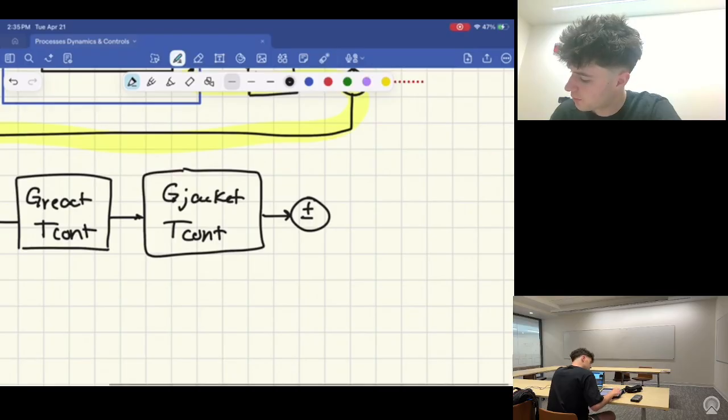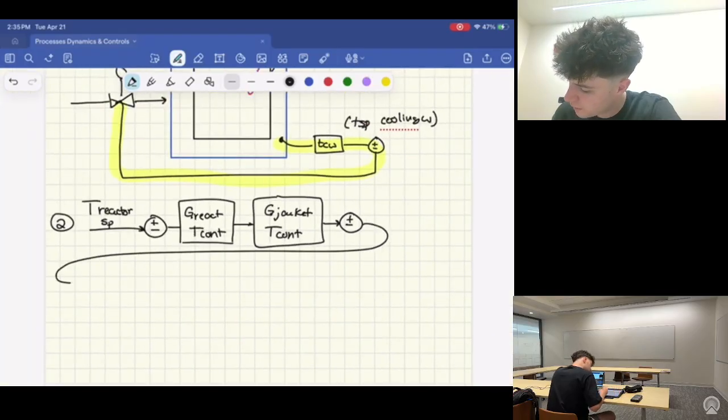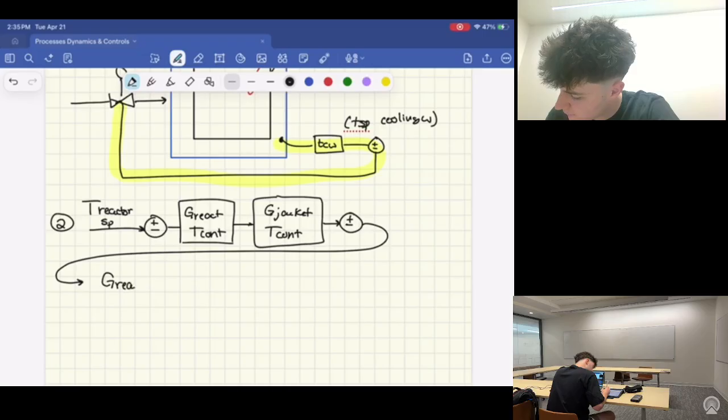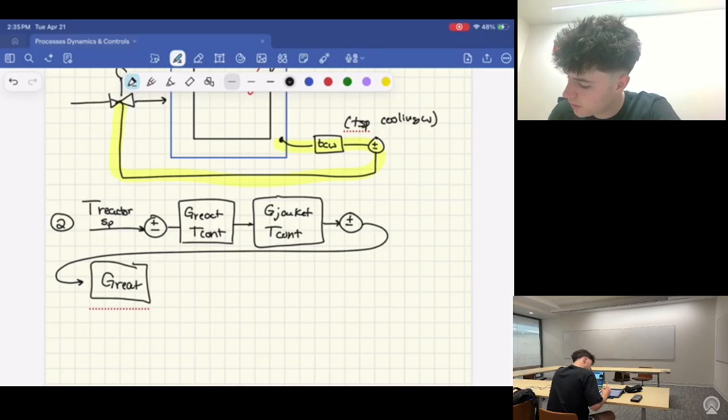And then from this controller, I'm going to draw just so we can fit. So imagine this just keeps going over to the right. We're going to go into the reactor. And then from this reactor, we're going to have three separate blocks.